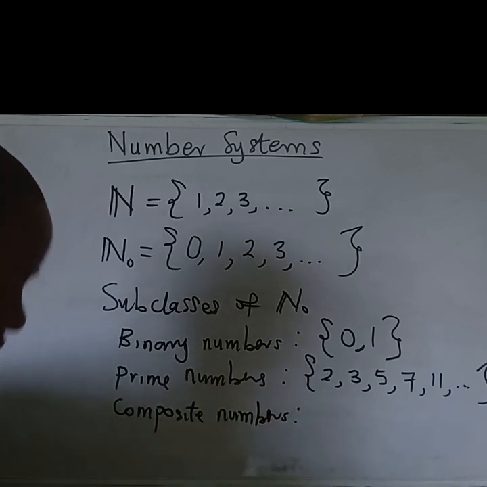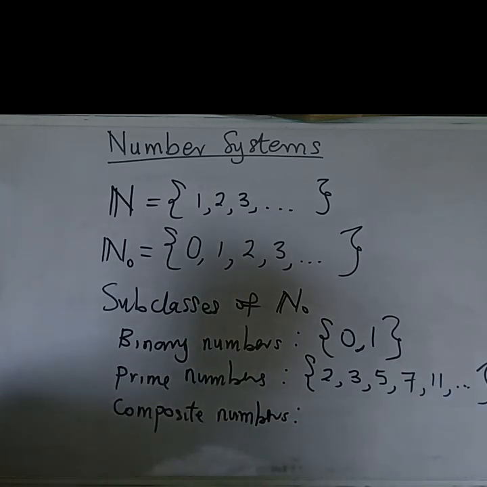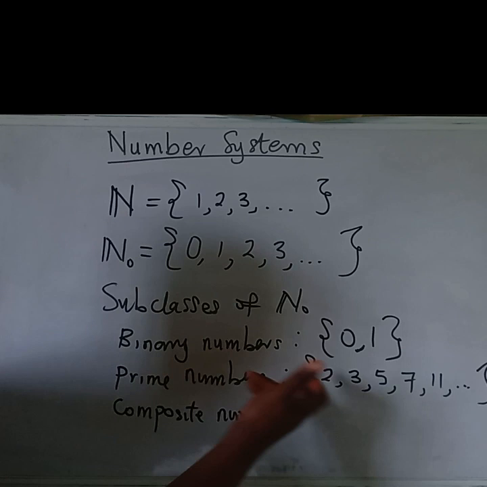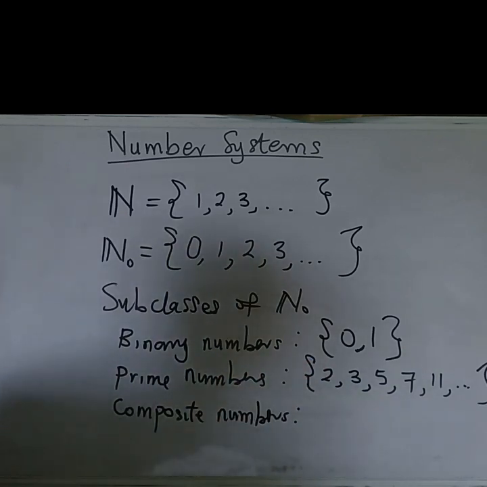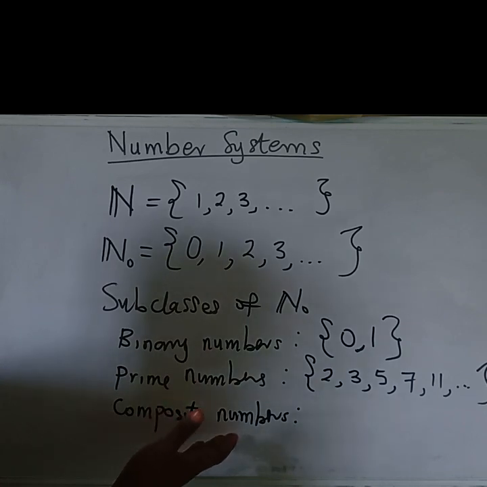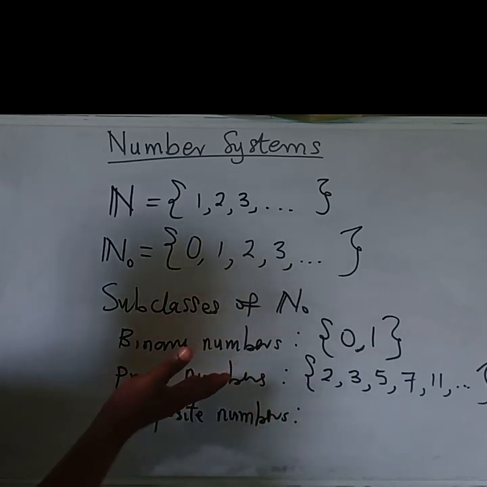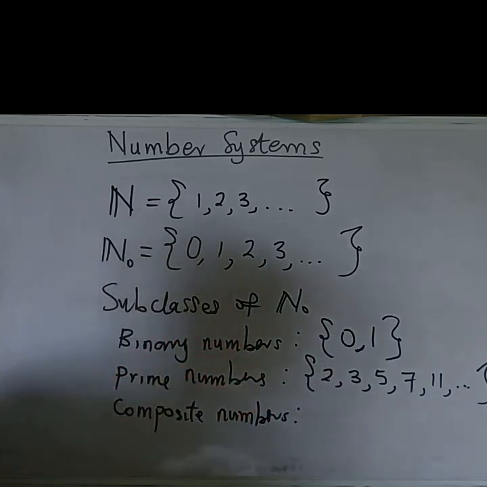This composite number is somewhat the opposite of the prime numbers. In fact, when we say composite numbers, we mean any number that is not a prime number.